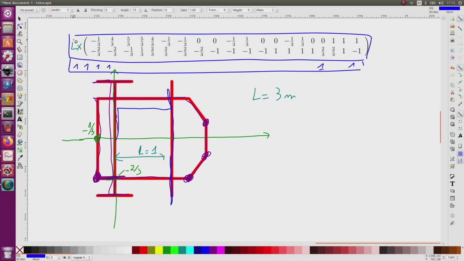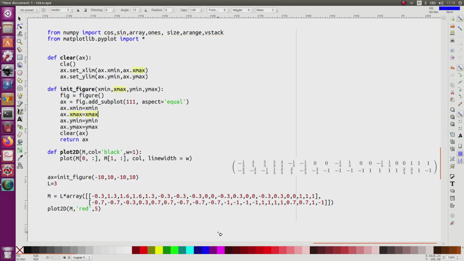Take care, the 1s that are here should not be multiplied by L. And from this I will be able to draw the sketch on the screen. I propose the following Python program just for drawing the chassis. So I have the matrix M here, which was given previously, and I will multiply by L here, and it corresponds to the chassis.